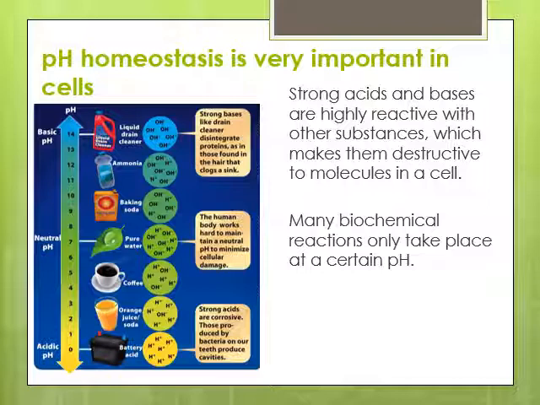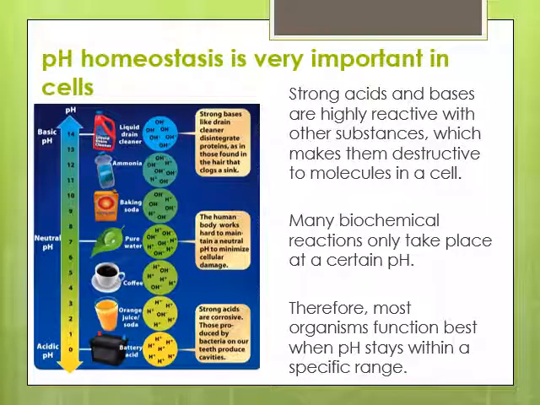If it's at 7.5, it's not going to be able to trigger itself because it would react too strongly and die or whatever it might be. So we've got to stay within a pretty narrow range of pH, which is what humans do too. I don't think our range is much more than about 7.2 to maybe 7.6, as far as I know. I don't think it goes much beyond that.